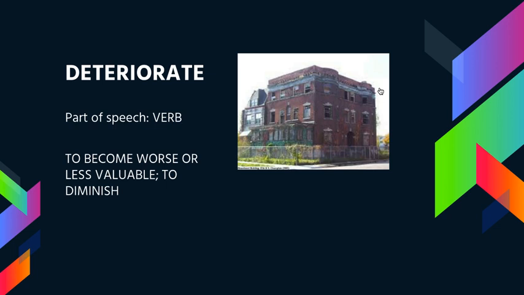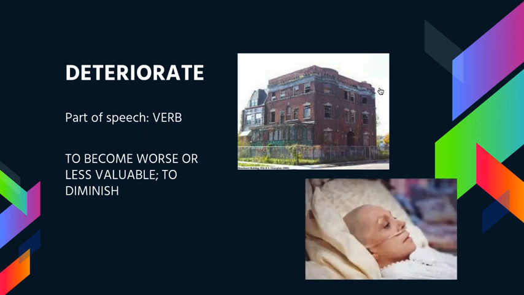They just start to become less valuable. Another thing to think of too is a person's health who might be suffering from a disease. They might have a long stay in the hospital, whatever it is. But a lot of times you hear people's health has deteriorated, it's diminished or become worse.